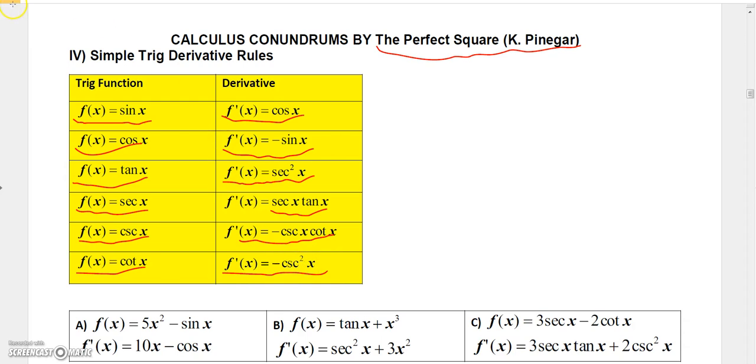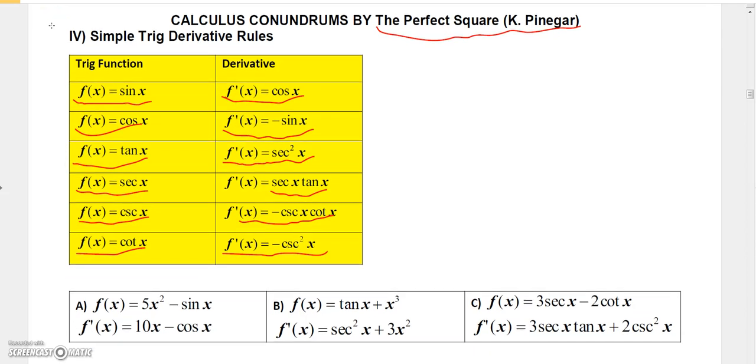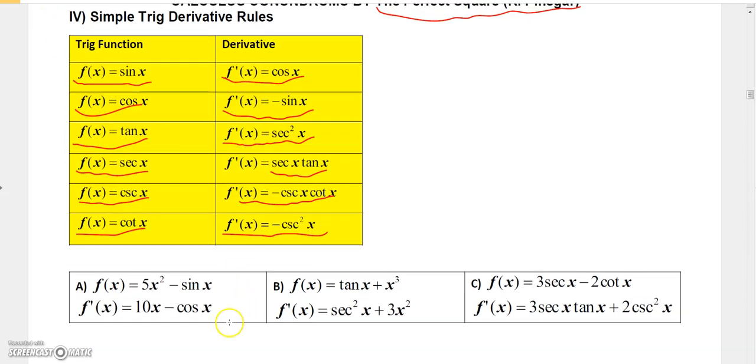So these are generally used in Calculus 1 courses, and that's where they're generally introduced. So we're going to look at some derivatives involving these simple trig functions. Now, in the examples I'm giving you, I'm also going to throw in some other functions just to keep us on our toes. So let's go ahead and take a look at some of these examples.